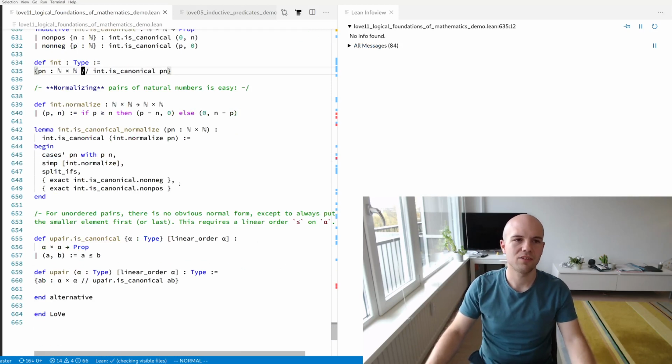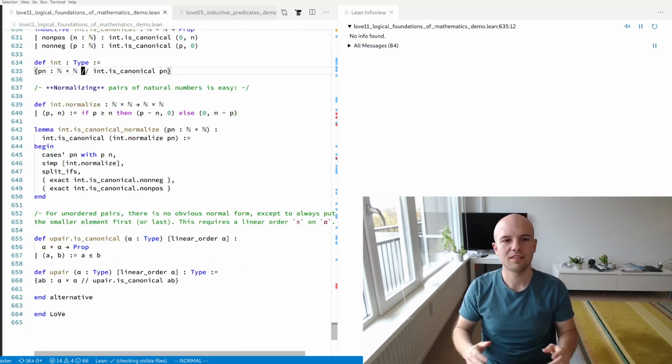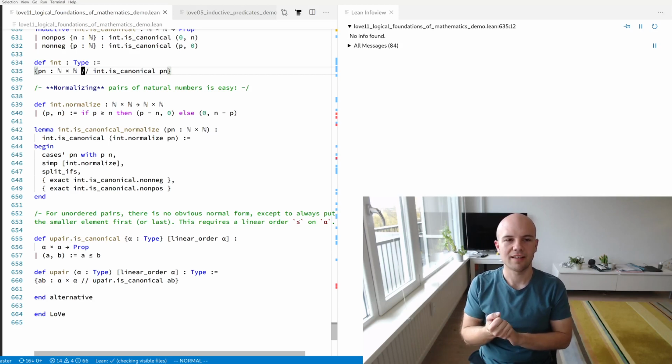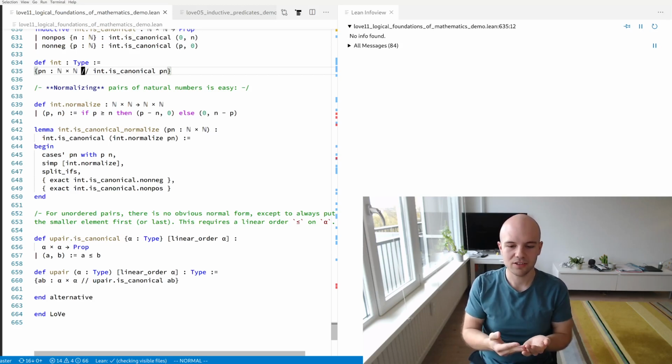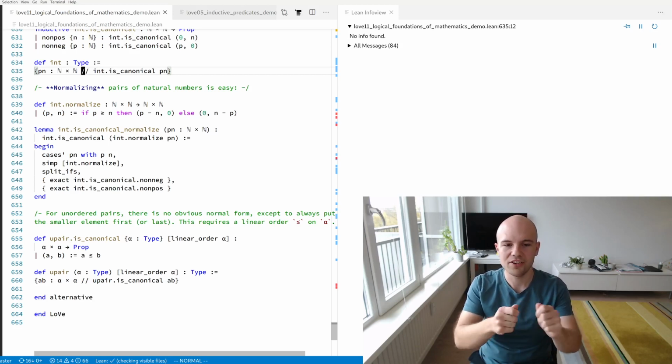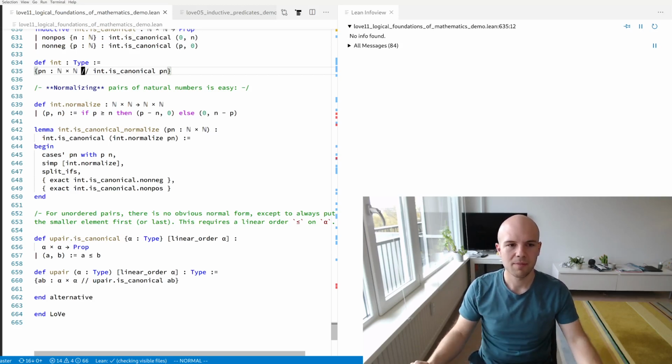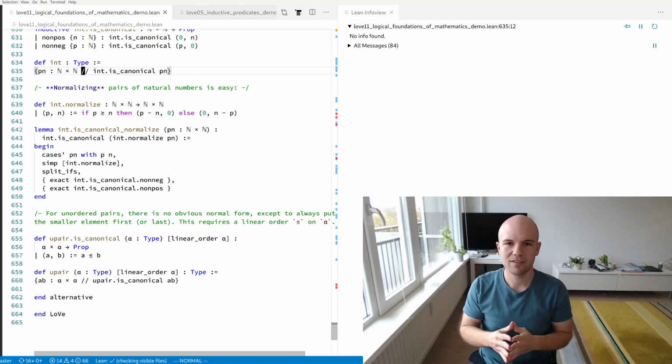For this, it is in a sense more technically involved. If you think back at how we did it with the quotient, this was fairly straightforward. We just define some equivalence relation, and then we lift all the operations by essentially rearranging the minuses and the pluses in a natural way. While if we want to compute with canonical representatives, we always need to normalize every operation.